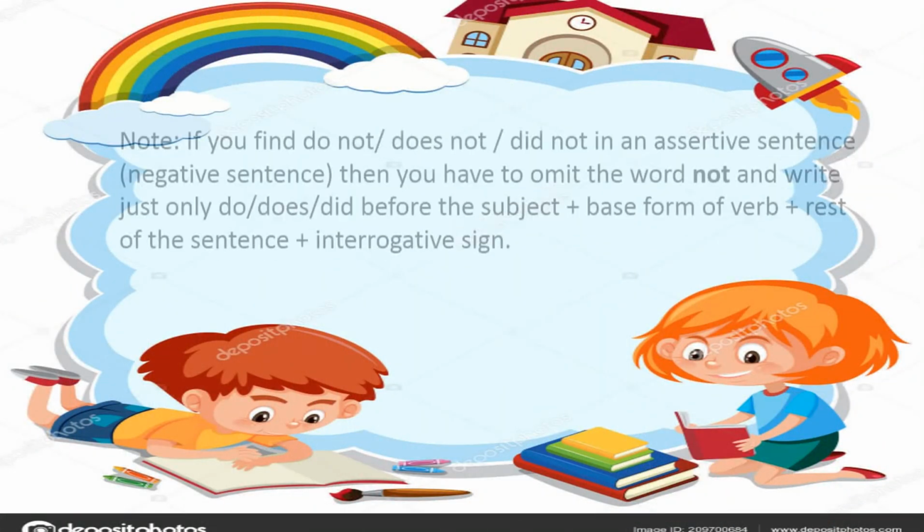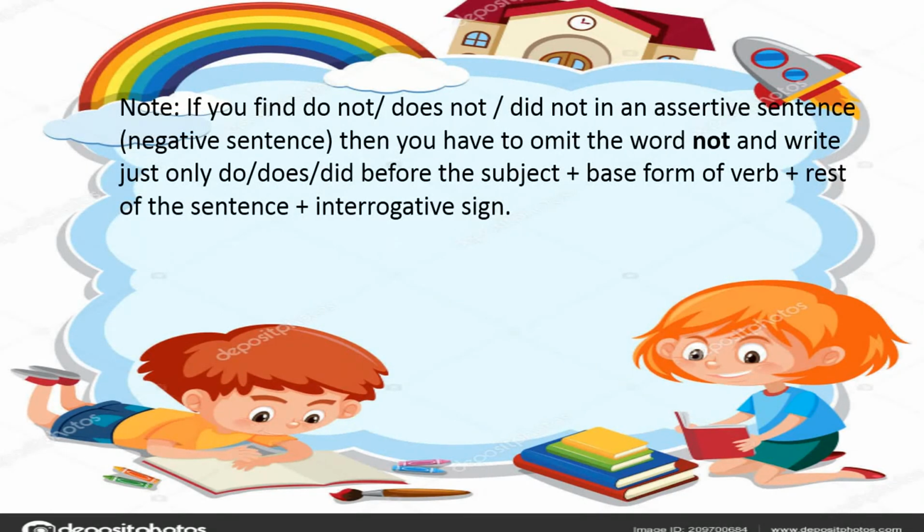Okay, note this. If you find do not, does not, or did not in any assertive sentence, that is, an exactly negative sentence, then you have to omit the word not and write just do, does or did before the subject, plus base form of the verb, plus rest of the sentence, plus interrogative sign.